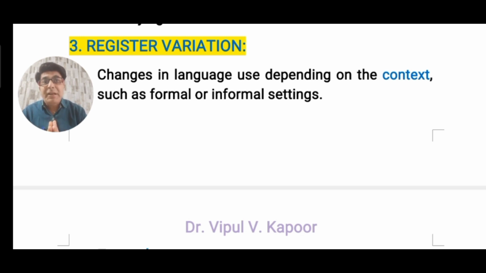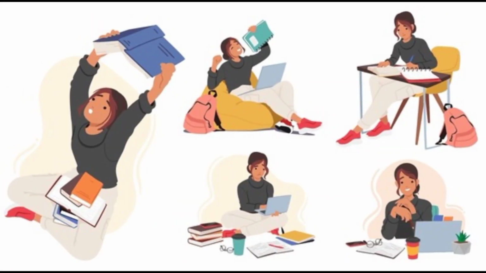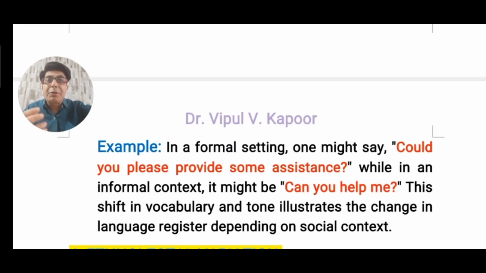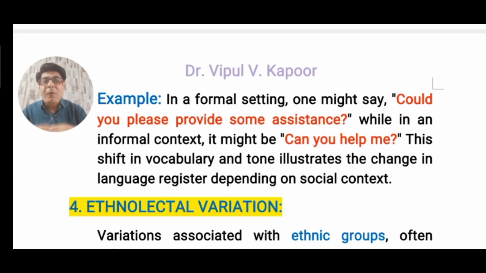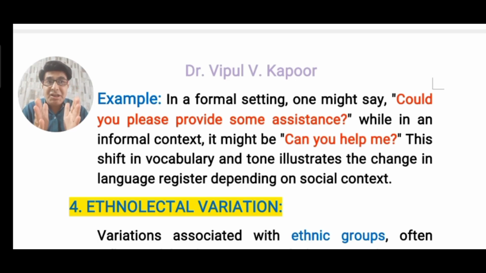The third important variation is register variation. Register variation means changes in language depending on the context. In different contexts, people use different language. For example, in a formal situation, you are attending a meeting and talking to your boss. It is a formal conversation. You would say, could you please provide me some assistance? This is formal language.